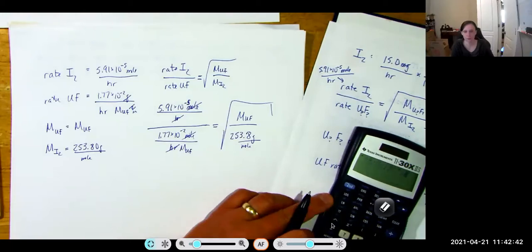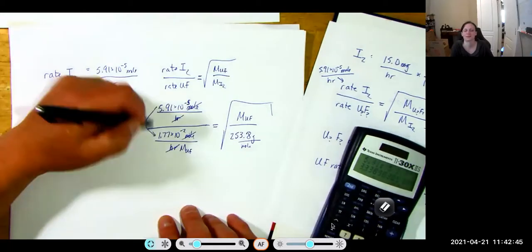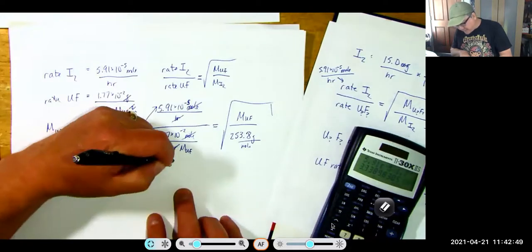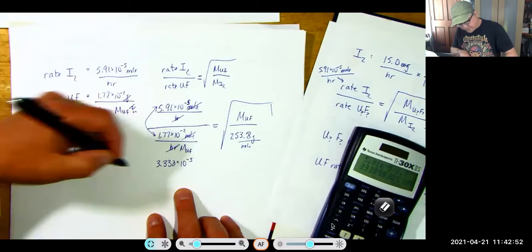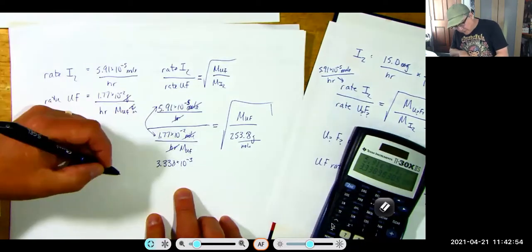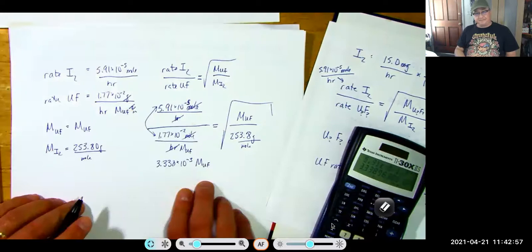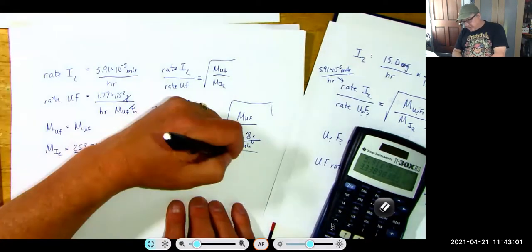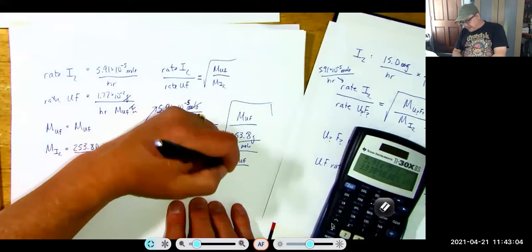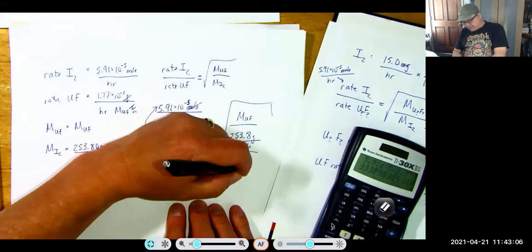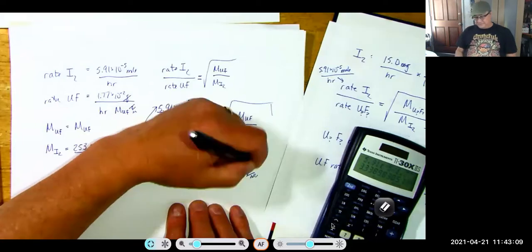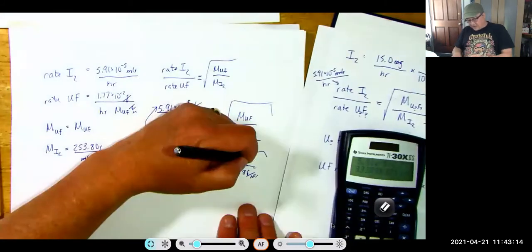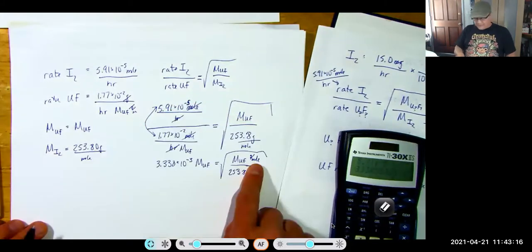Yeah, I feel like there's got to be a more straightforward way. So if I take these two, I get 3.338 times 10 to the minus 3. And then that's times the molar mass of UF is equal to the molar mass of UF over 253.8 grams per mole. And here, this is going to be grams per mole too, right? Yeah. So these cancel.